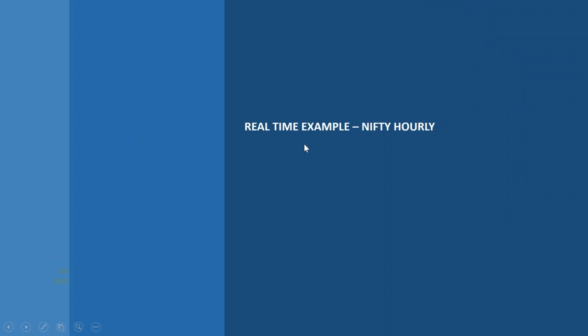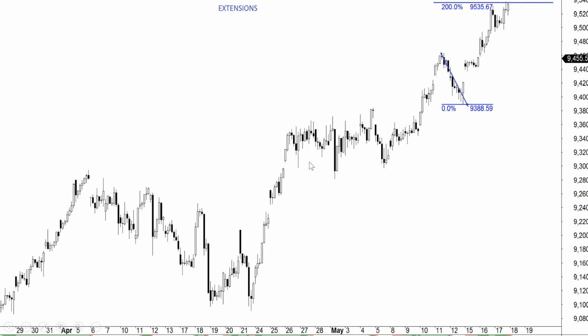Now let's put everything together and we will see an example in Nifty. Okay, so first we get a swing here and we draw an extension to determine where the probable resistance can be. So we get a 200% resistance at 9595.35 levels.